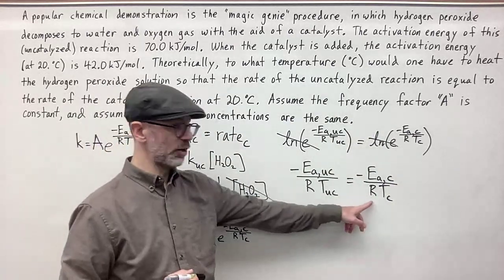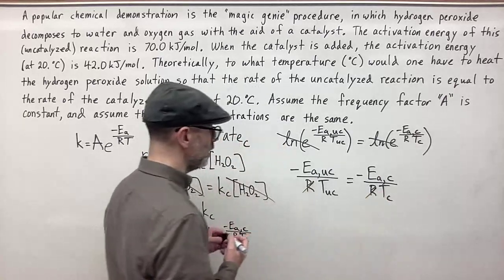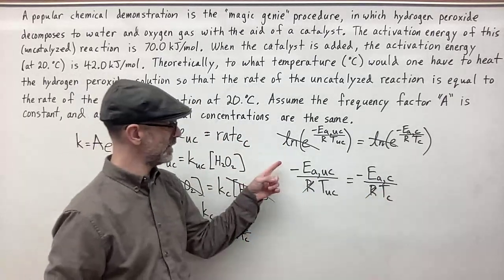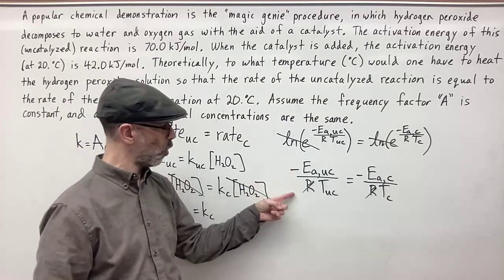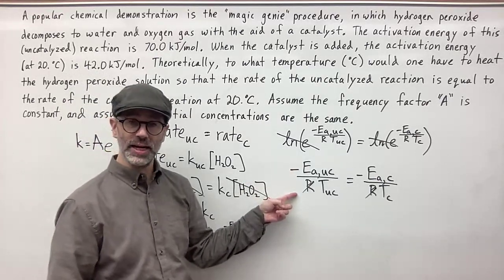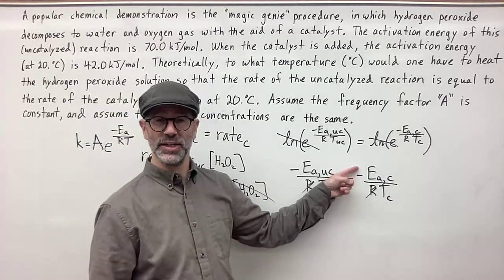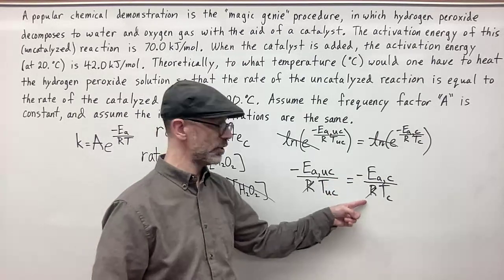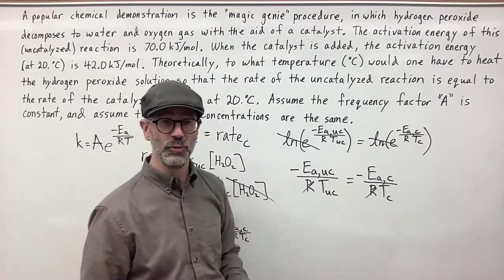Since the R value is the same, those cancel out. And so what we're left with is the negative of the activation energy of the uncatalyzed reaction over the temperature of the uncatalyzed reaction is equal to the negative of the activation energy of the catalyzed reaction over the temperature of the catalyzed reaction. So now all we need to do is just plug in the values that we have.